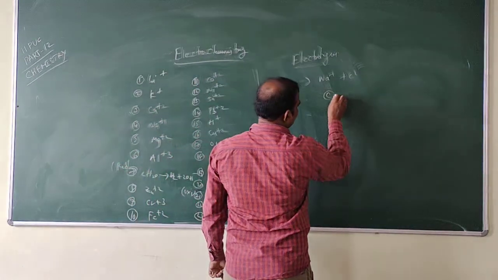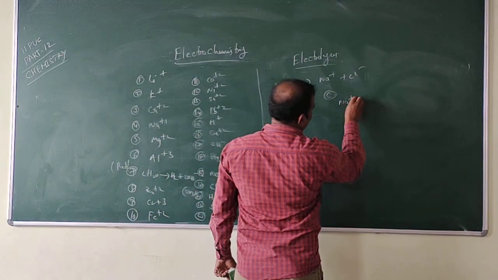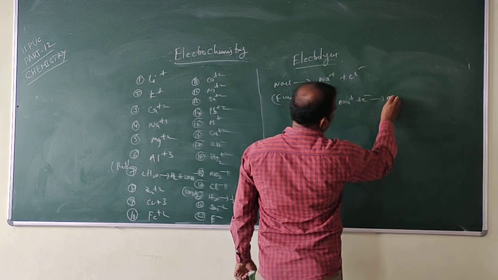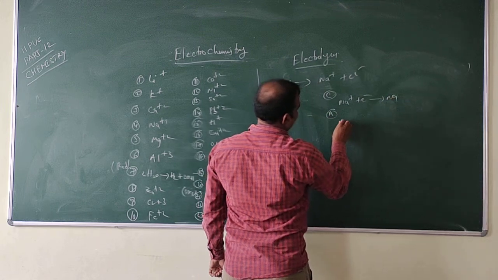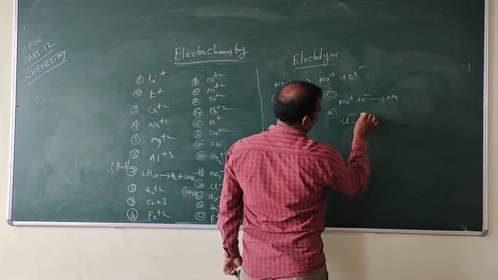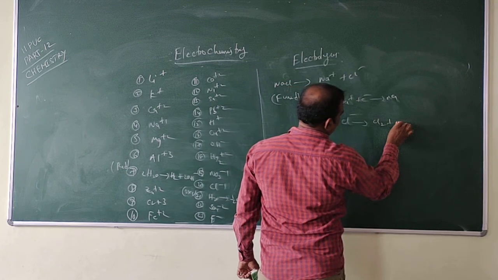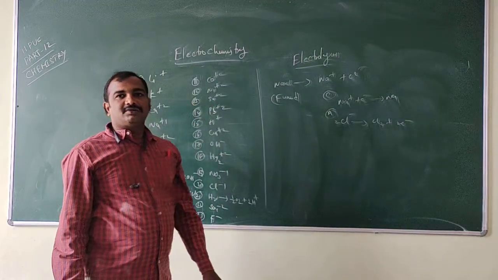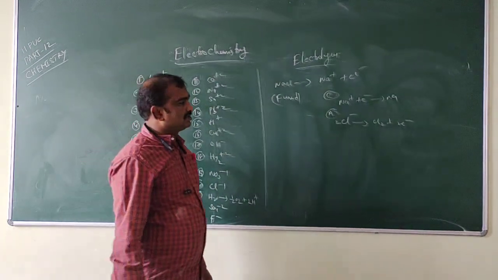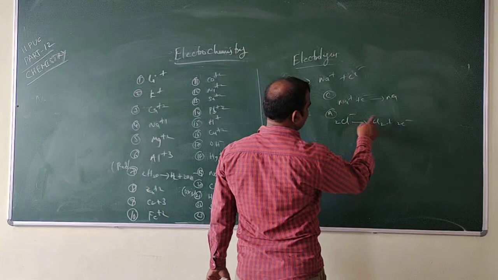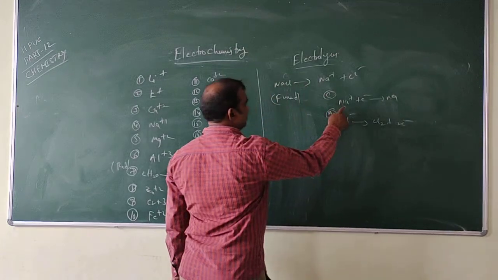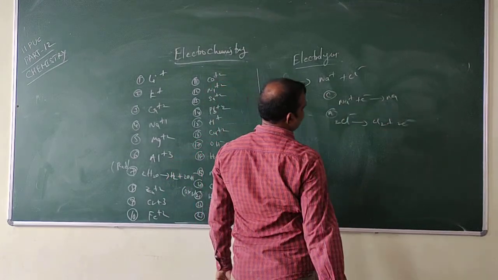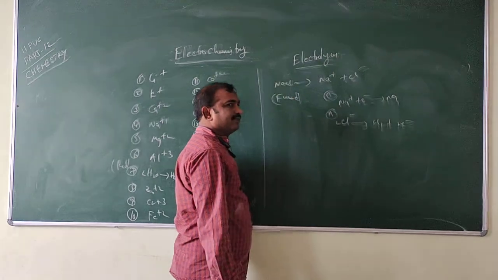At the cathode, Na+ plus electron gives rise to Na, and at the anode, Cl- gives Cl2 plus 2 electrons. Understand? 2 electrons because 2 minus. So Na is formed at cathode and Cl2 is formed at anode.